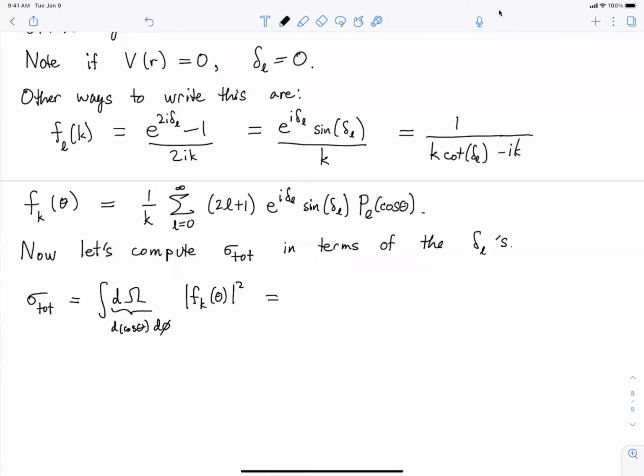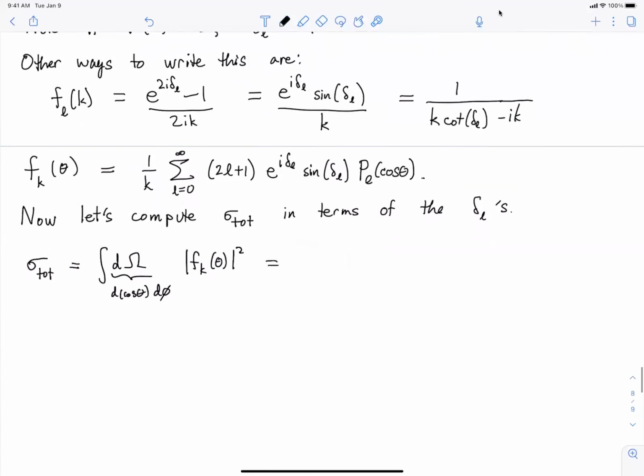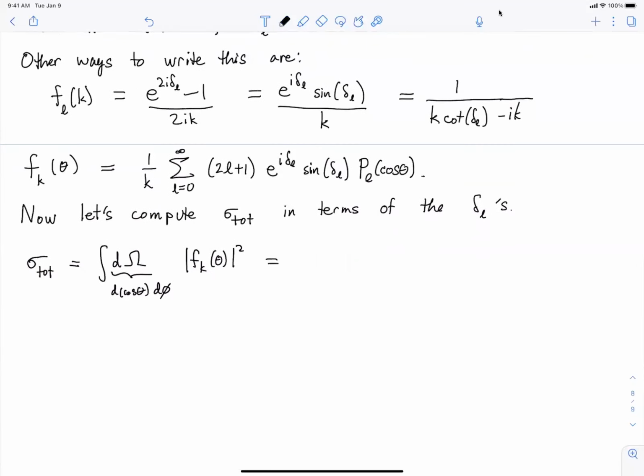Okay, and so now I'm going to write down a big long expression for f_k of theta squared. I'm just going to basically rewrite this thing twice. So there's a 1 over k squared factor, 1 over k from each one. And now here I have a sum over l. So I'm going to write sum over l. I'm not going to put the limits of the sum, just to make it nicer.